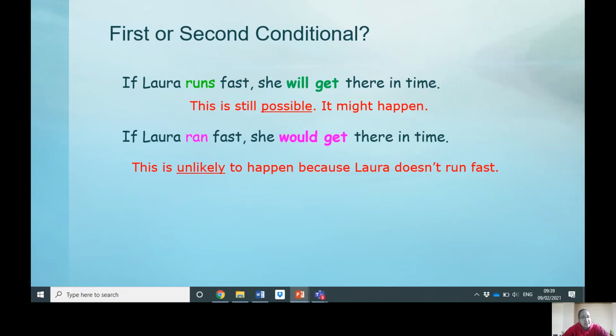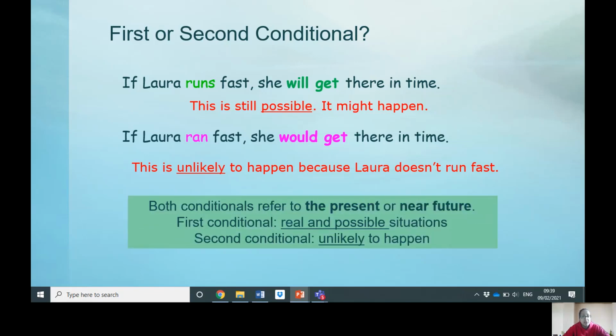This is not likely to happen because Laura doesn't run fast. Do you see the difference? Both conditionals refer to the present or the near future. The first conditional is for real and possible situations, but the second conditional is not likely to happen.